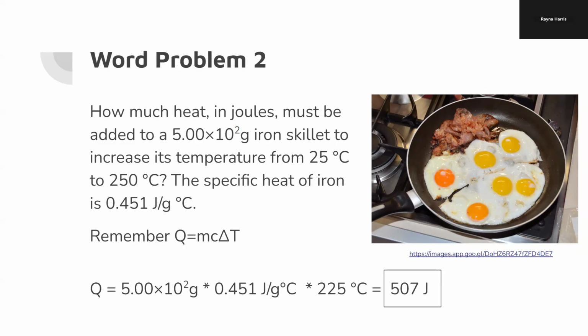Okay, so we're gonna start with 500 grams. Definitely when you're doing these really long equations, keep your units there. So 500 grams, or 5.00 times 10 to the 2 grams, times 0.451 joules per gram per degree Celsius, times 225 degrees Celsius. I got 407. Did I get it wrong? Let's see. What did y'all get?